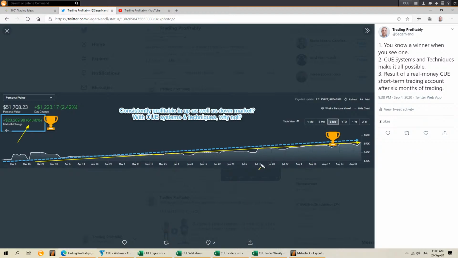I didn't have a single month of loss. In between, I had some losing trades, that is expected, but my equity curve kept on going up. That is an important aspect and proof of successful and consistently profitable trading.